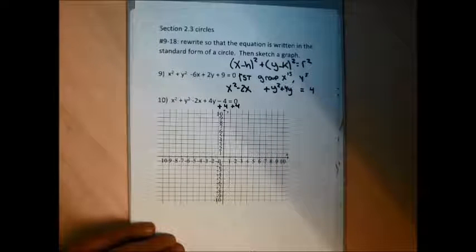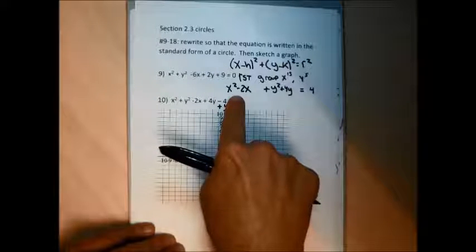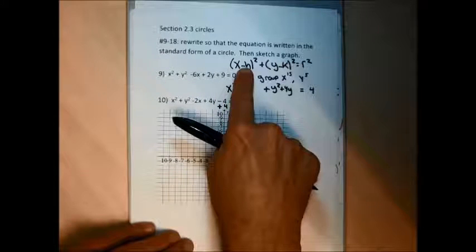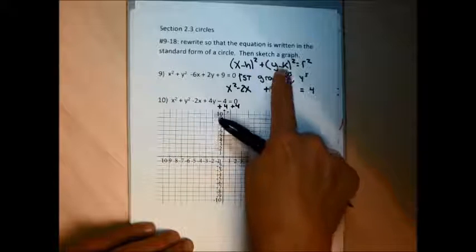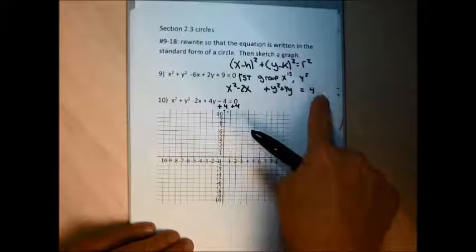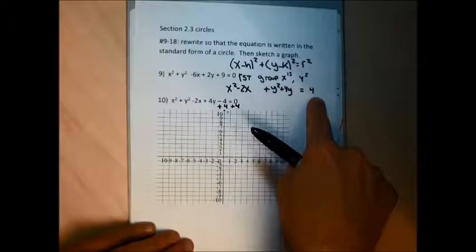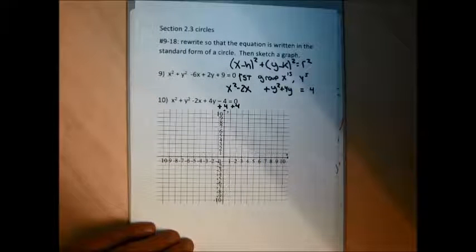So my first step is just kind of getting the x's grouped together, because these x's somehow I'm going to transform into (x - h)². The y's somehow I'm going to transform into (y - k)². And the 4 already looks like an r², but it's going to change before long.